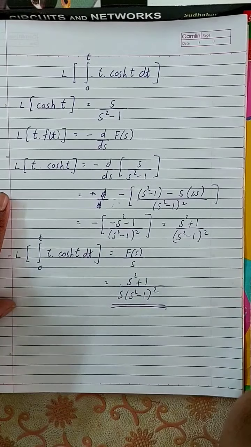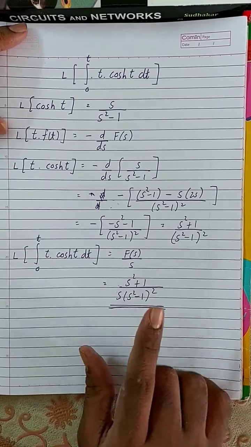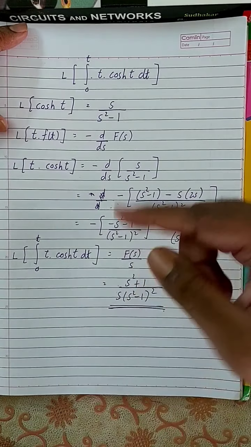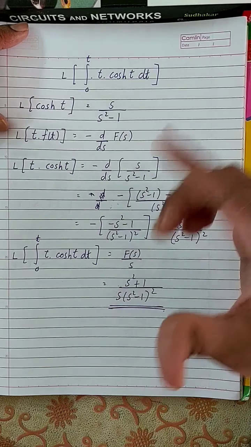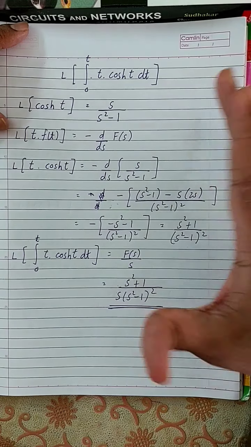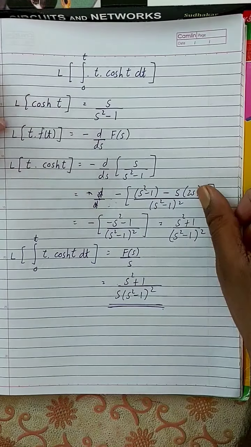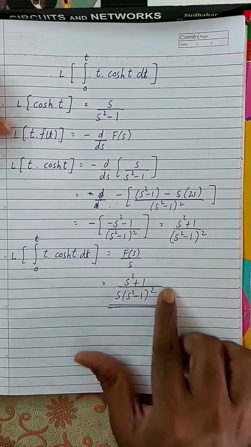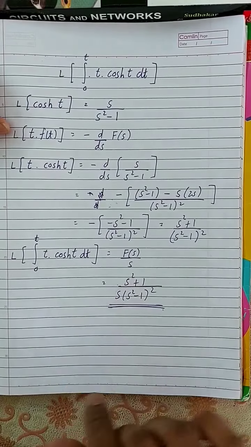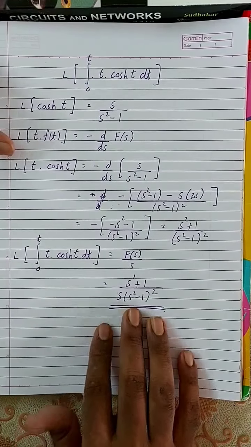See, if you compare this answer and the answer you just got in the previous video, both the answers are correct. In the previous answer I did not combine the two terms, but once you combine the two terms, you will definitely get this answer. So this is another way of doing this question.